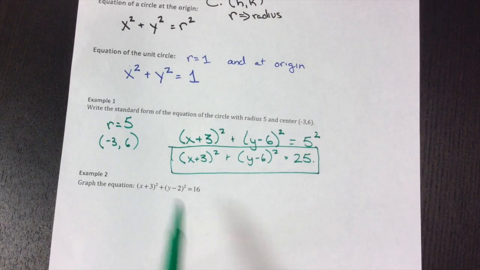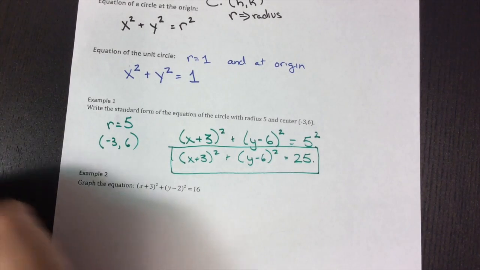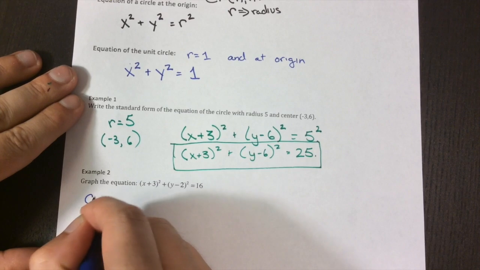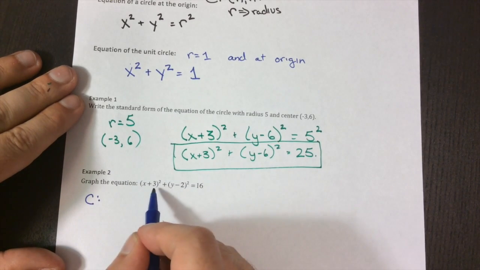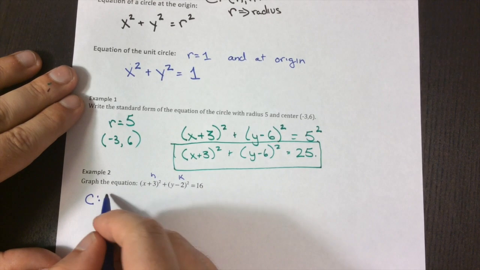Moving on. Graph the equation (x plus 3) squared plus (y minus 2) squared equals 16. What do we need to know for the graph? I need to know what the center is, and that's my h and my k. We always take the opposite.